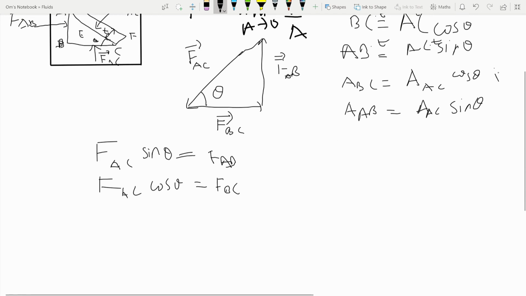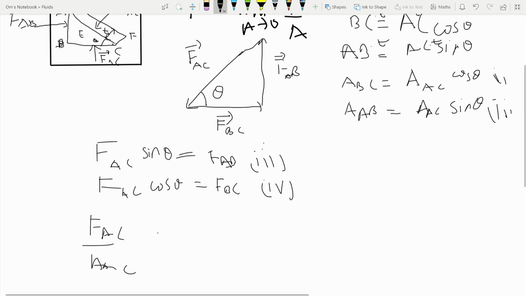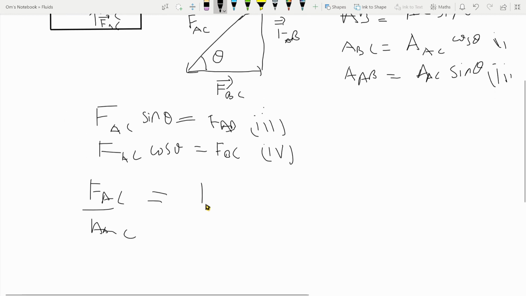Now if we divide, suppose I number them 1, 2, 3, and this 4, and I do 1 by 4, that will be FAC by AAC, the cos thetas cancel, is equal to FBC by ABC.